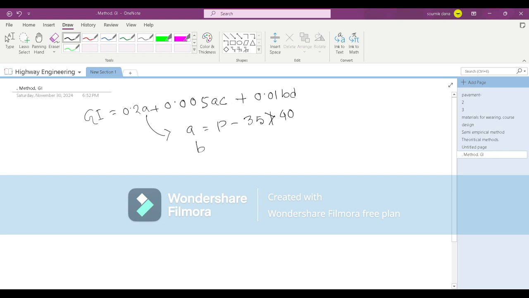What is B? B is P minus 15, not greater than 40.